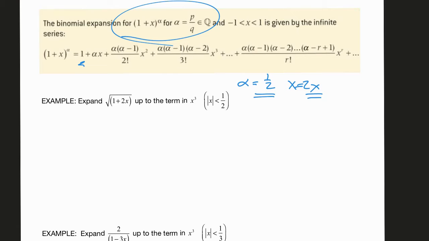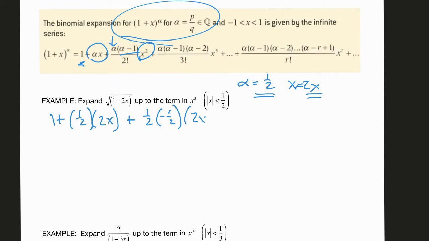So starting right here, we start with a 1. Then we have alpha x, which in this case is going to be 1/2 times 2x, plus, now here I've got alpha, which is 1/2, times alpha minus 1, which is negative 1/2, times x squared, which is going to be 2x squared, all over 2 factorial, which is just 2.